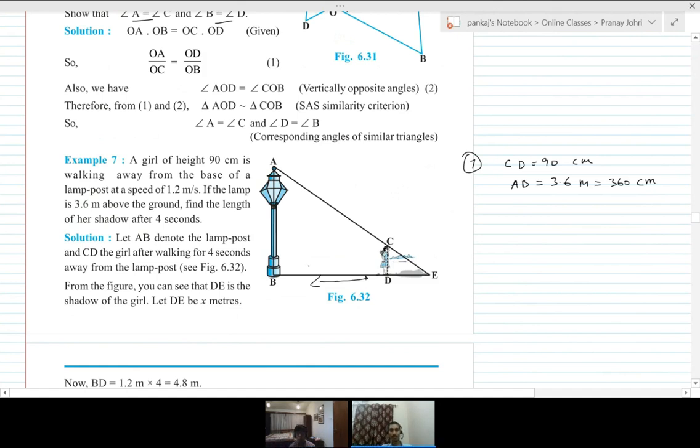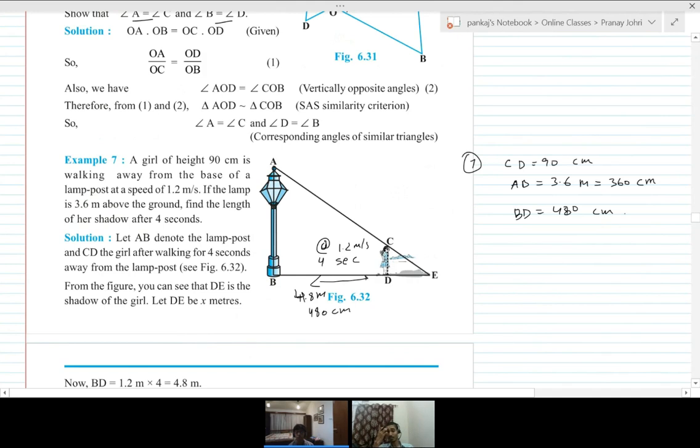This is the distance she has covered walking in 4 seconds. That is the question. So that means BD is 4.8 meters, which is 480 centimeters.